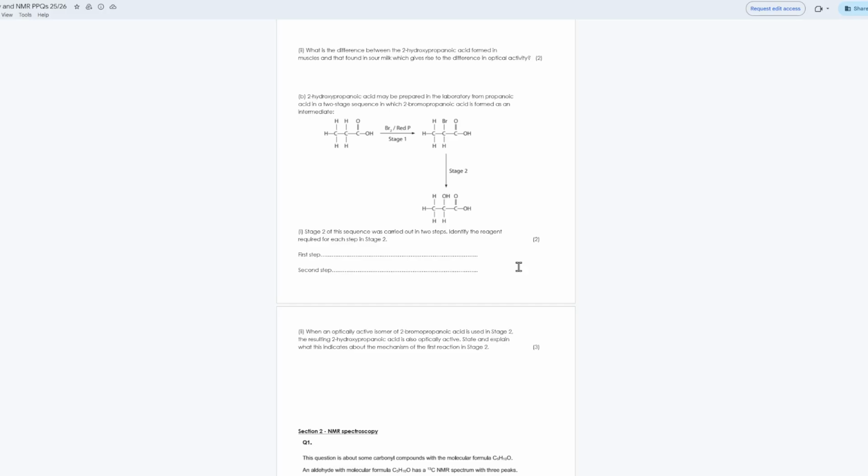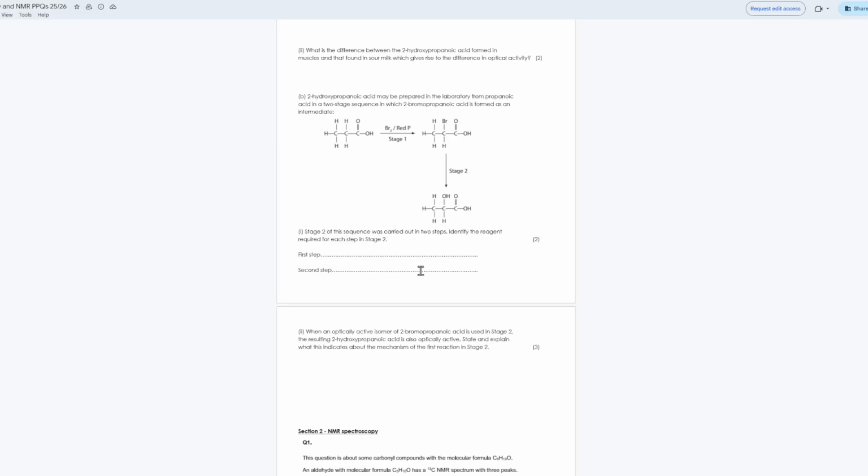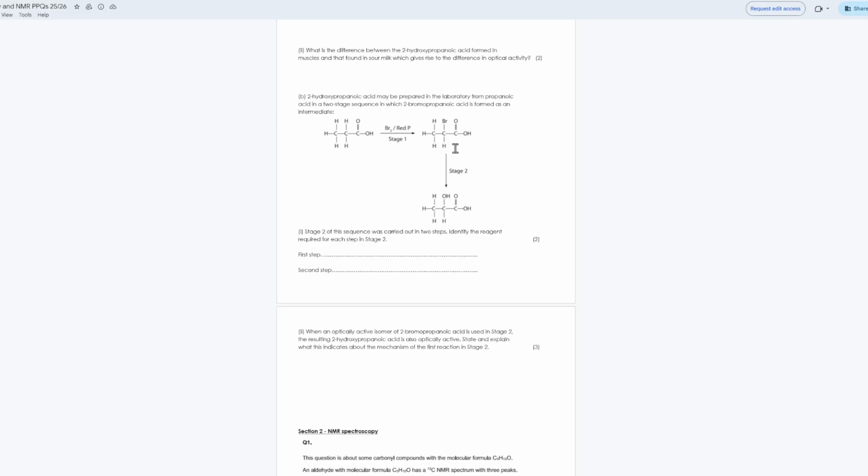So stage 2 of the sequence was carried out in 2 steps. Identify the reagent required for each step in stage 2. Well, if it's carried out in 2 steps, that was assuming it's SN1. 2 steps. This is like 1 step but with the transition state. So the reagent required for stage 2 is just the 2-bromopropanoic acid.